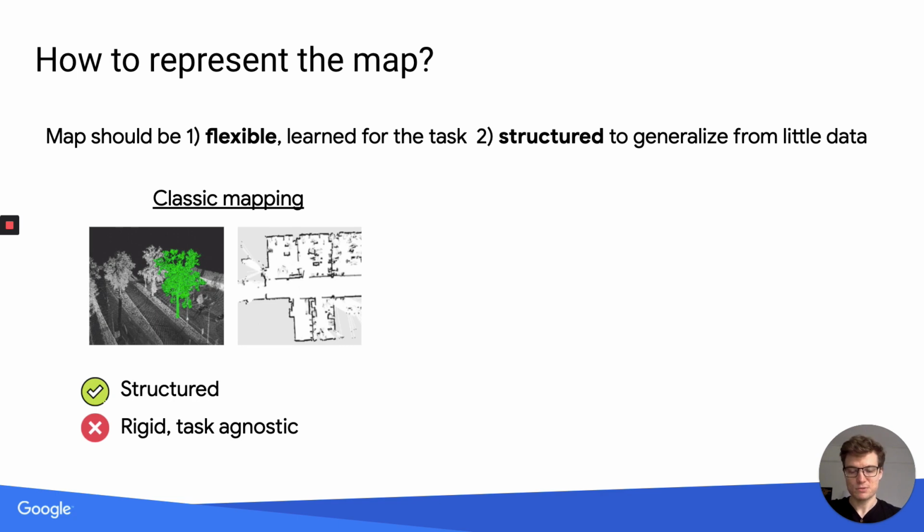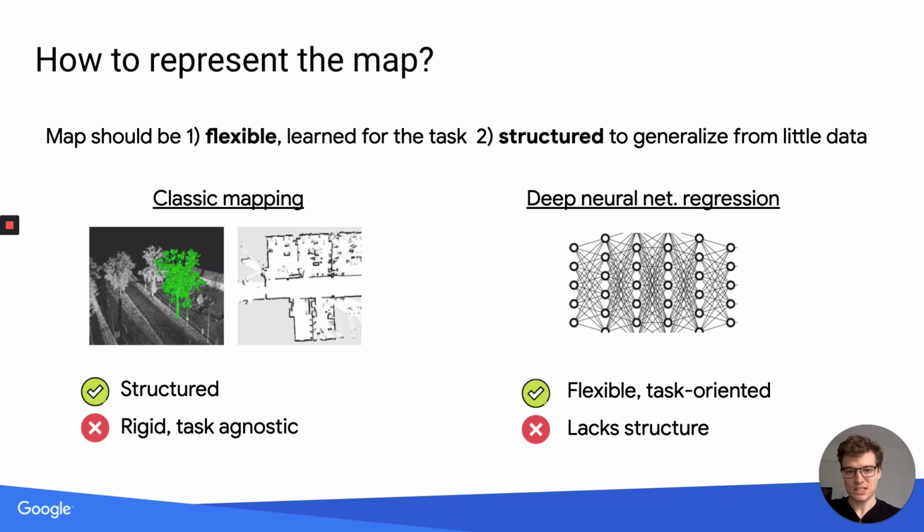Classic approaches use voxels or point clouds to represent the map. They have strong geometric structure, but they are rigid in what information they can encode, and they are agnostic to the downstream task. We could also cast the problem as a regression task and use deep neural networks. These networks can learn task-oriented latent representations, but they lack structure to generalize from limited data.